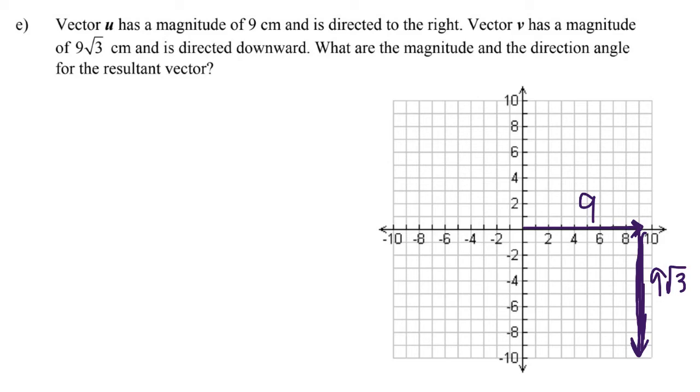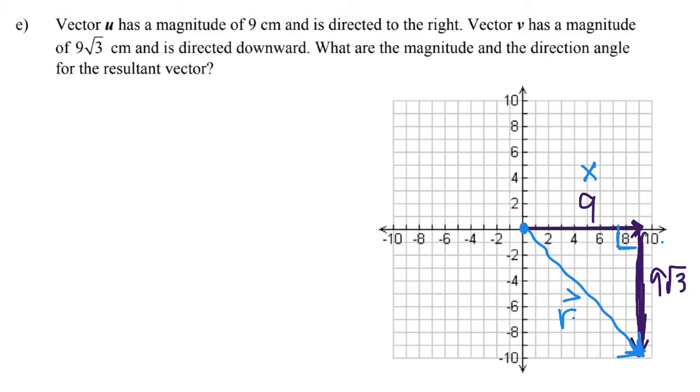Now I need to find, again, the magnitude and the direction angle. I need to start where this one started, end where this vector down here ended, and connect those two. Hey, that's a pretty good arrow for me. Yay! Celebration time. Again, we can go back to our 30, 60, 90 with x and x root 3.